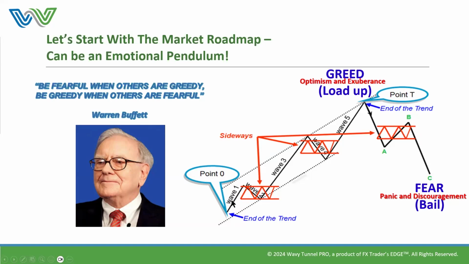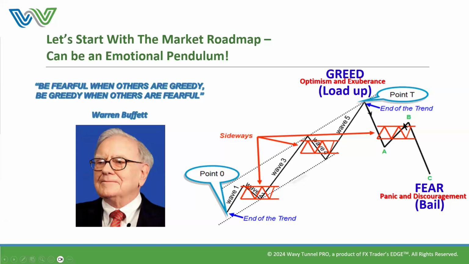So let's just assume that we have the end of the trend down here, and we move up, and up here the market has a herd mentality. And traders are greedy, they're optimistic and exuberant. They load up. And then what happens?